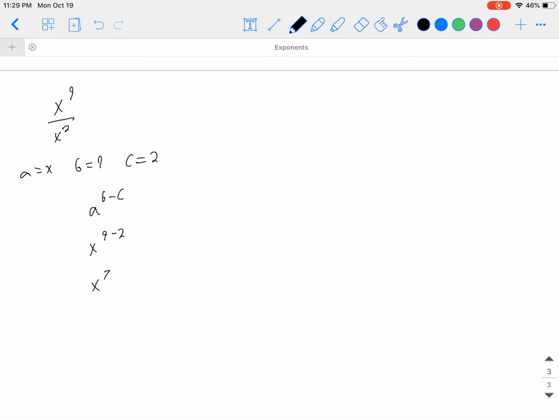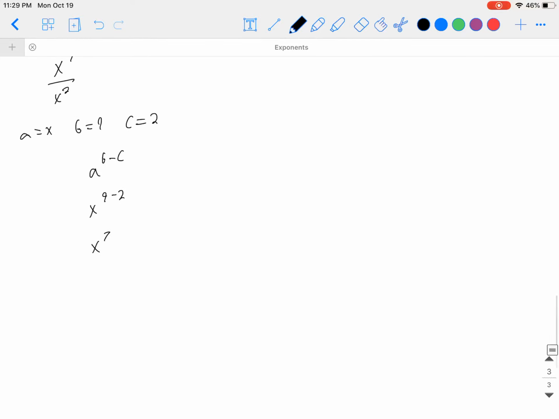Now, sometimes we might have expressions such as an exponent raised to an exponent. What I mean by this is something like 5 cubed to the 7th. Our quotient rule doesn't work, the product rule doesn't work.